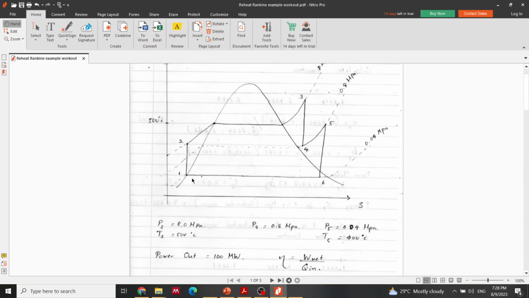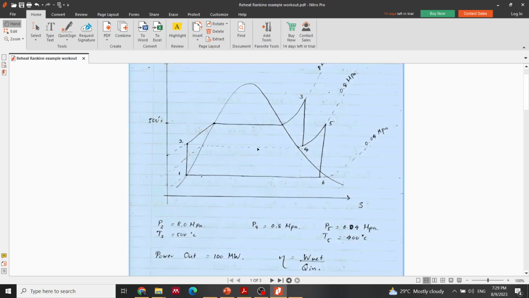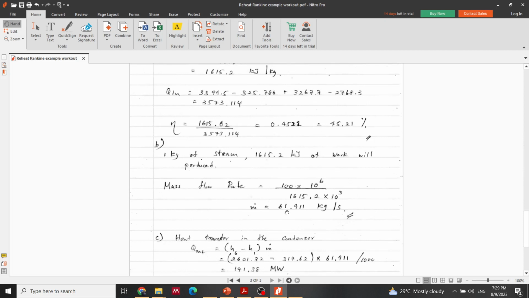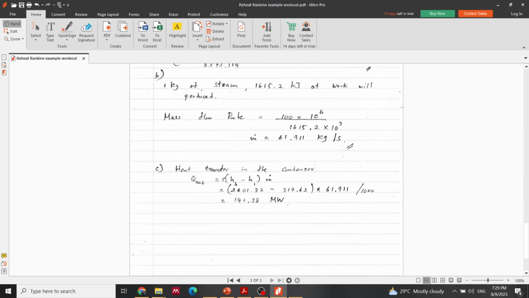Therefore H6 minus H1 is the Q out in the condenser. So H6 minus H1 is the energy transferred in the condenser per kilogram, right?